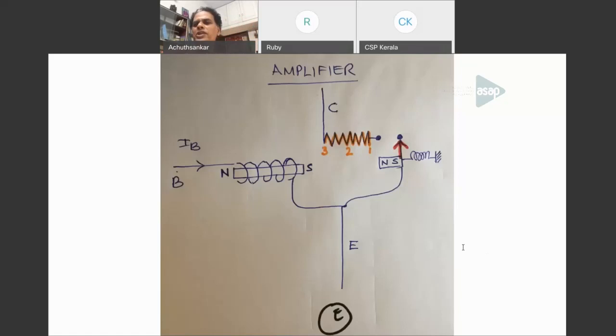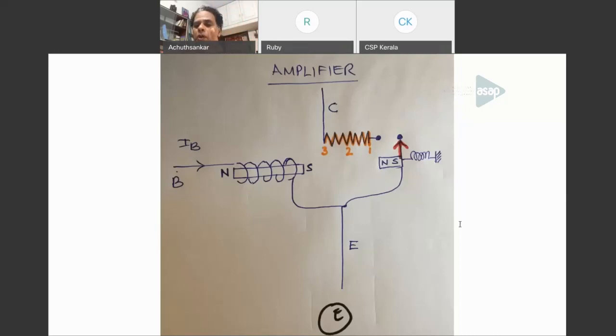Now, to understand that, please understand it in two ways. Think of the battery first, because in electrical circuits, if there are two sources, you can remove one, analyze the circuit, remove the other, analyze the circuit, and put them together. So that's what we are doing. If you connect a battery to the base, between base and emitter, a very small voltage, actually you don't connect a battery, you have a resistor divider network by which you can produce a small voltage.